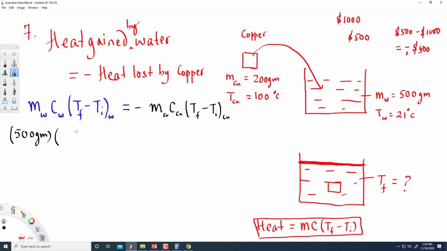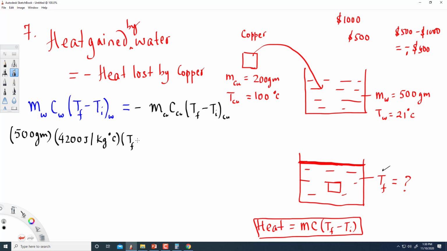It is 4200 joules per kilogram per degree Celsius. That's the specific heat capacity. Final temperature is what we need to find. Okay, that's the final temperature of water, the water after mixing the copper. So we want to find that.